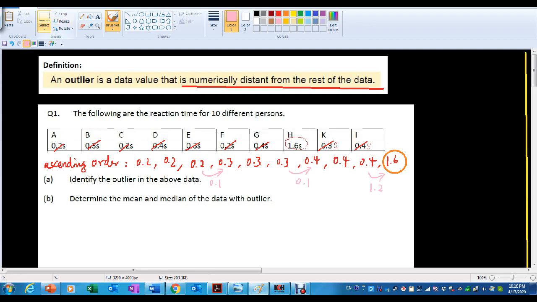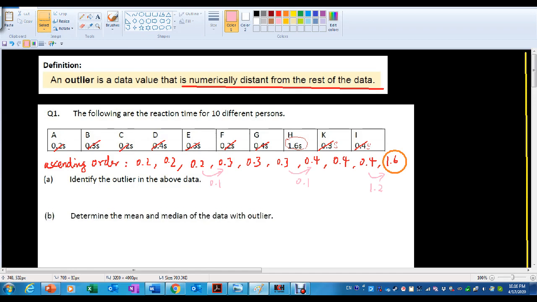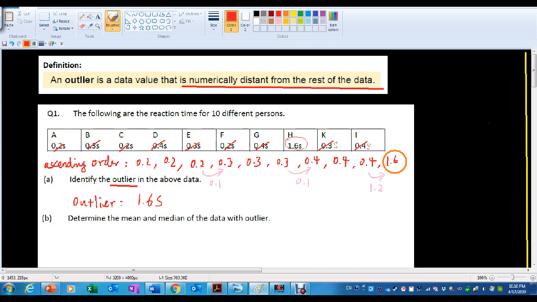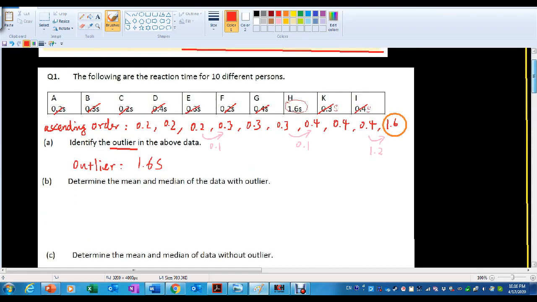So that's why we call it an outlier. For A, identify the outlier: the outlier would be 1.6 seconds.